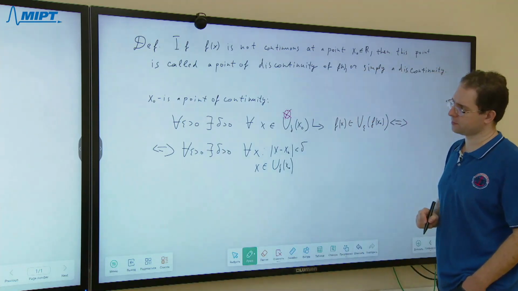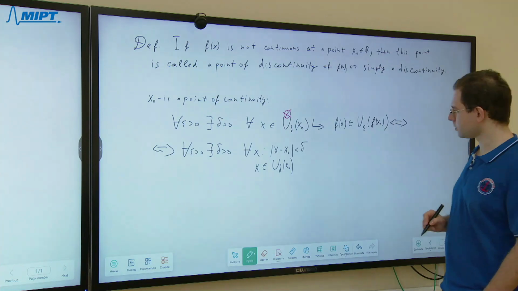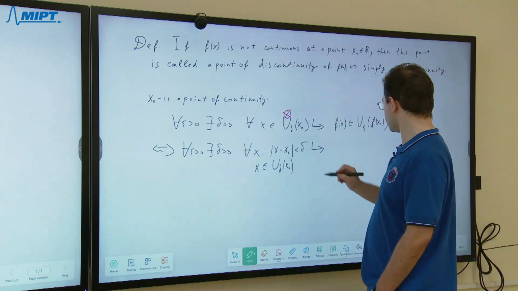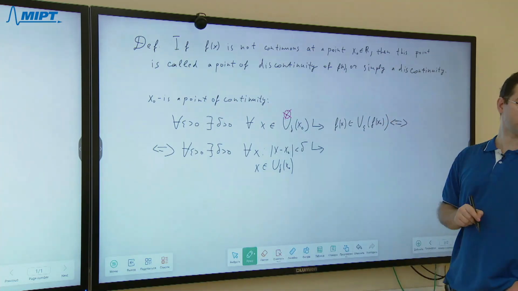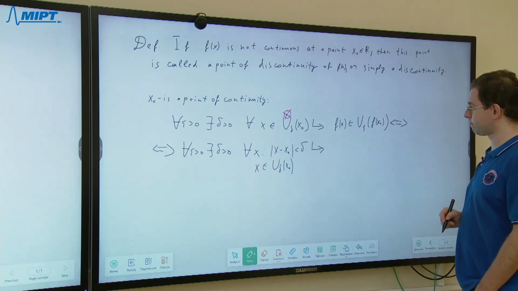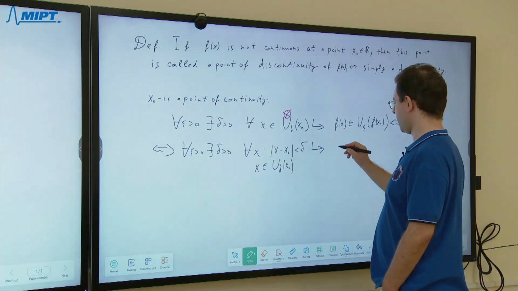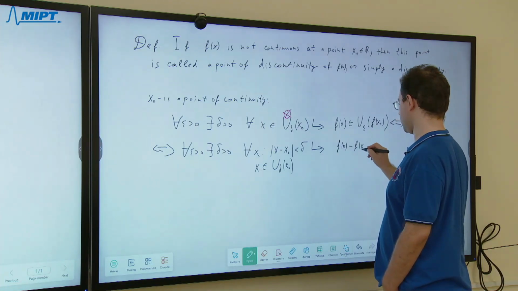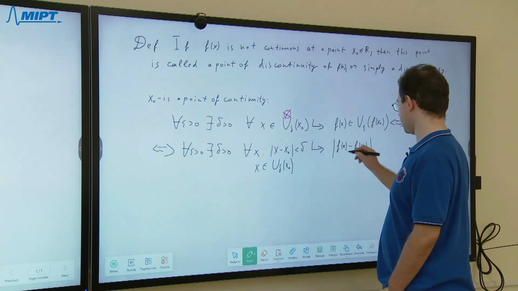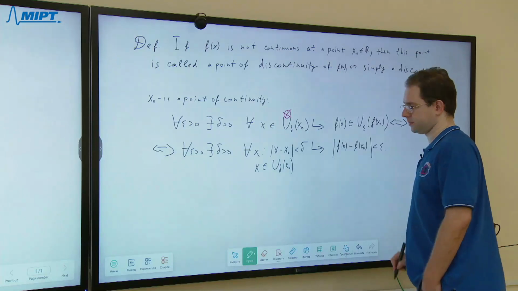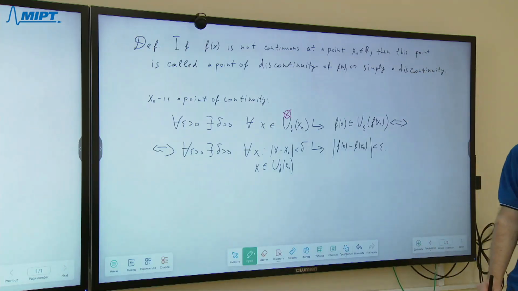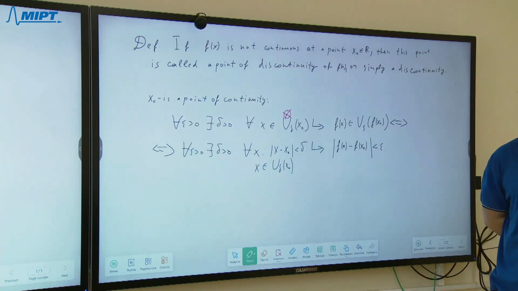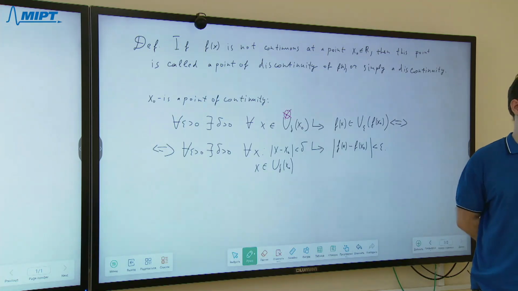Same statement. Okay, it follows, and this expression I will also write as an inequality: absolute value of f of x minus f of x0 less than epsilon. Okay, so this is x0 being a point of continuity. So the function is continuous at this point.